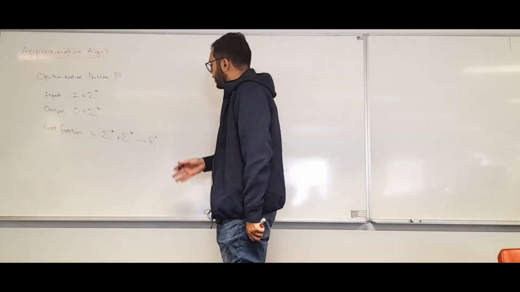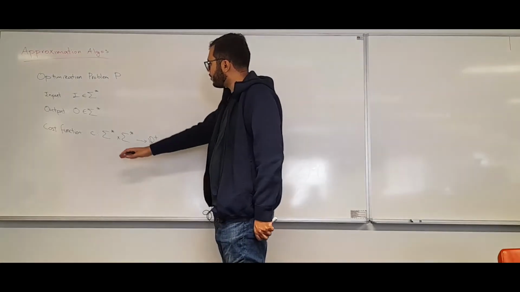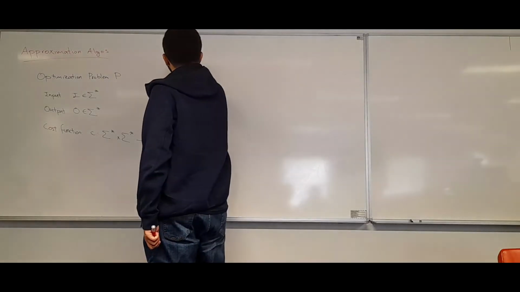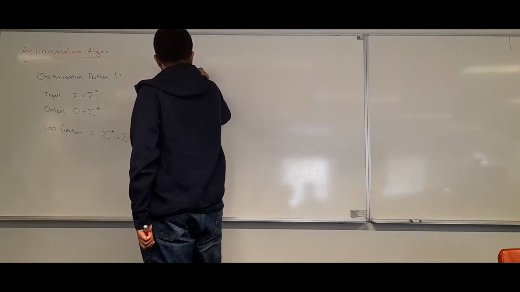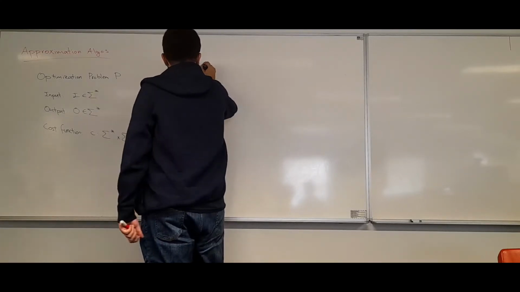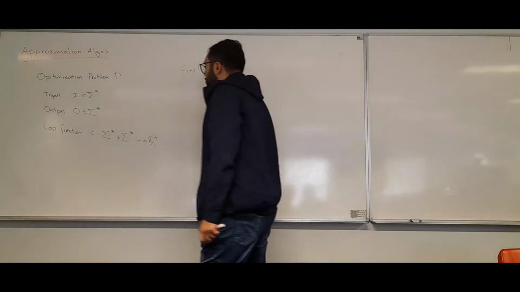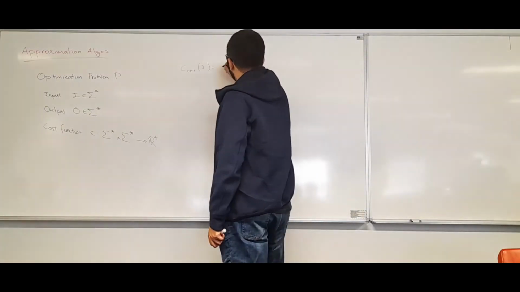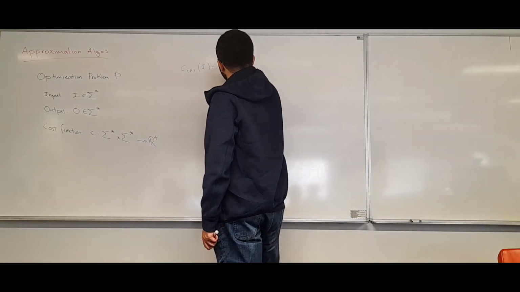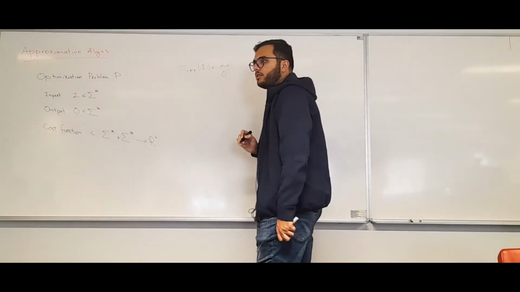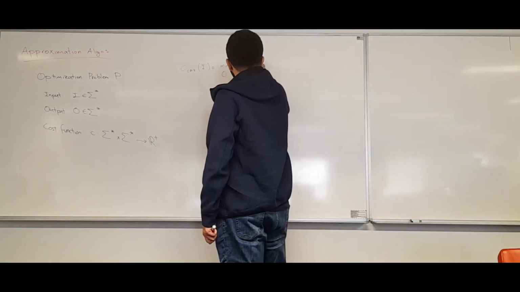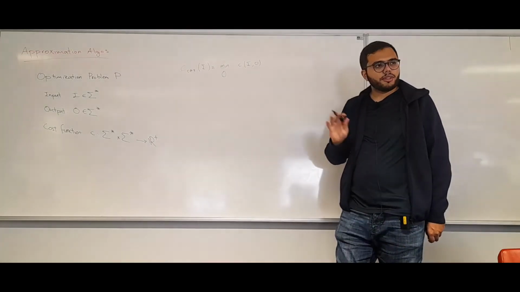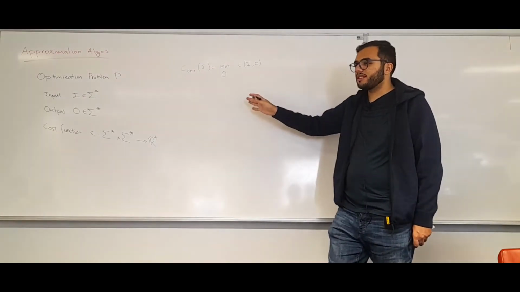So let's say that the optimal value for this cost function, I just show it with C opt. So C opt, the optimal cost of I, is just going to be the smallest possible cost. So it's going to be the minimum over all outputs O of the cost of this input and output pair. But for technical reasons, the minimum might not exist.